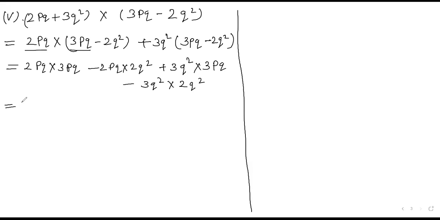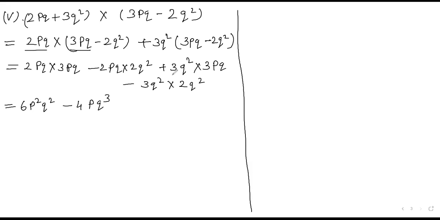So this will give you 6 p square q square, and this will give you minus 2 twos are 4 p q cubed. P is power 1, which is not visible but it is there. And q square and q will give you q cubed.